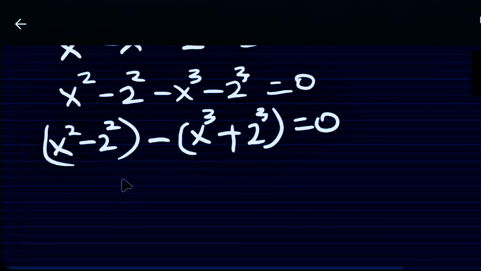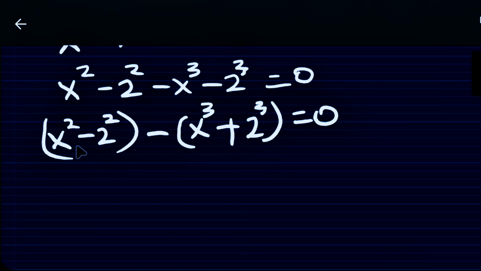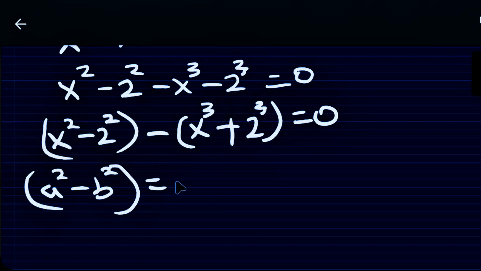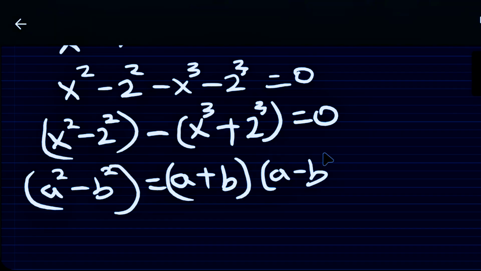For the first one, x squared minus 2 squared is in the form of difference of two squares, which means that when you have a squared minus b squared, this equals a plus b and a minus b. If you expand this, this is what you are going to have.